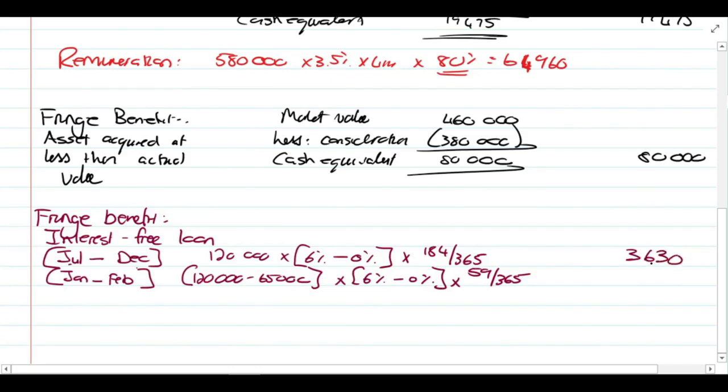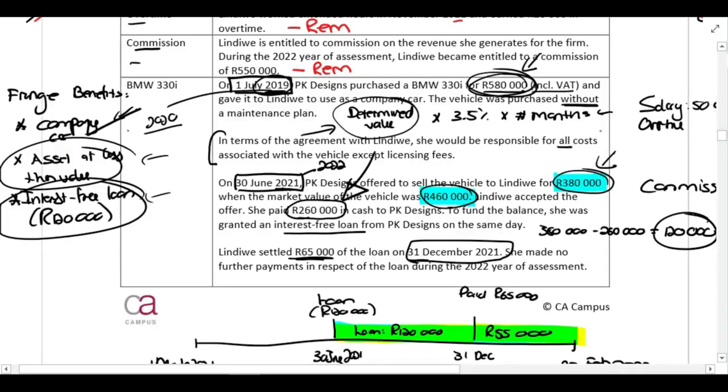And 630 and 533. There we go. Nice and easy.